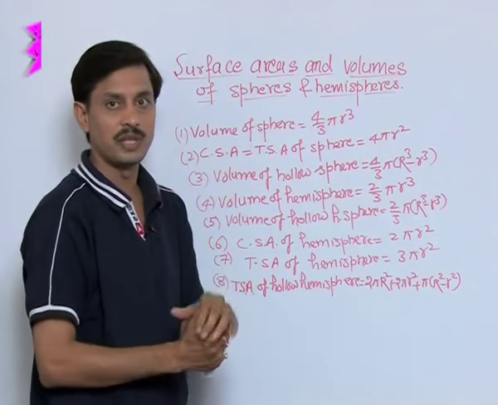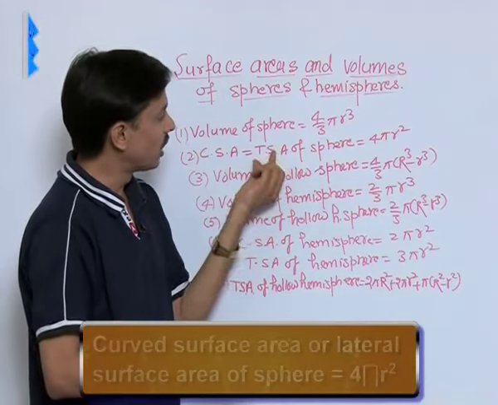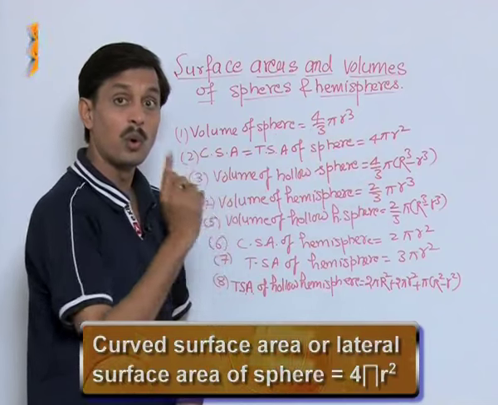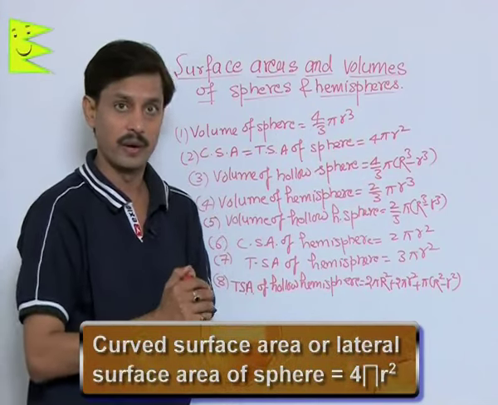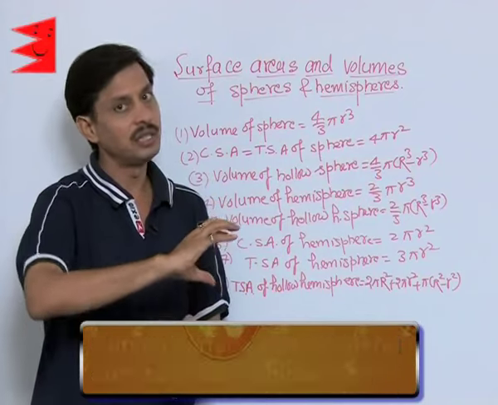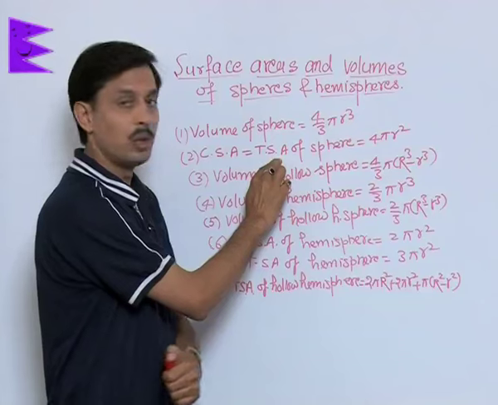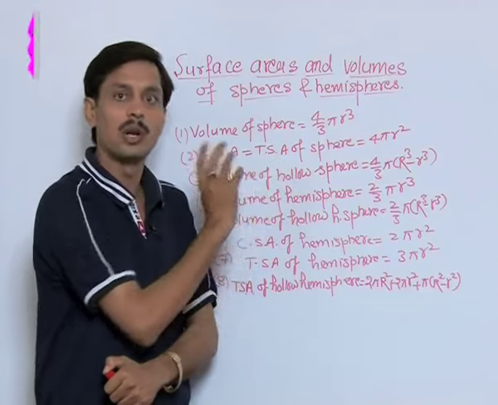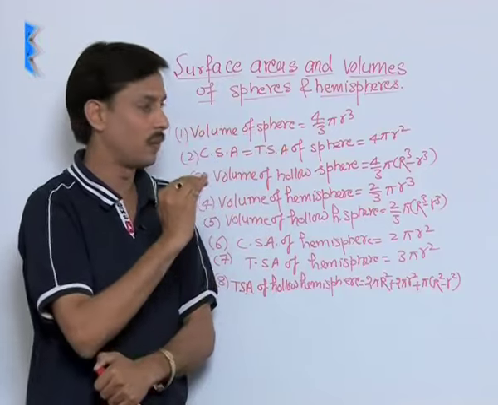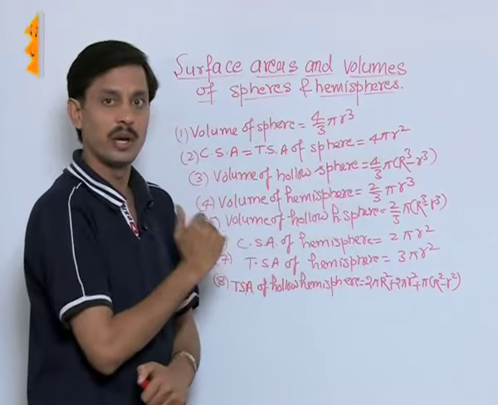CSA, curved surface area, or lateral surface area, or the total surface area of the sphere is given by 4πr². It is 4πr². A sphere has curved surface area only. So if somebody asks to confuse you about the total surface area, the TSA, CSA and LSA of a sphere are the same, that is 4πr².